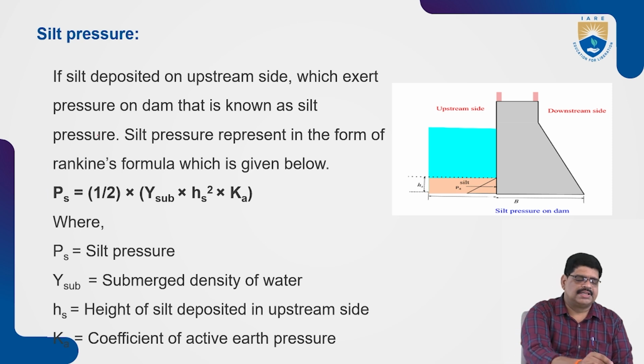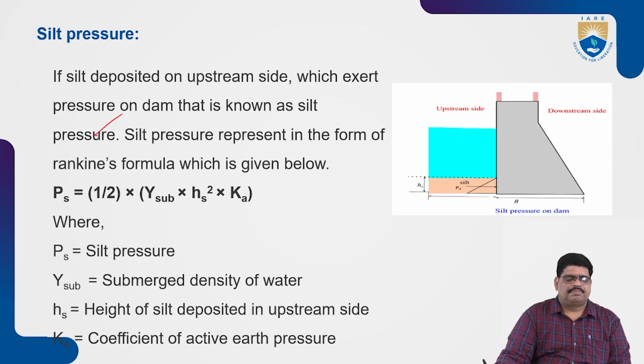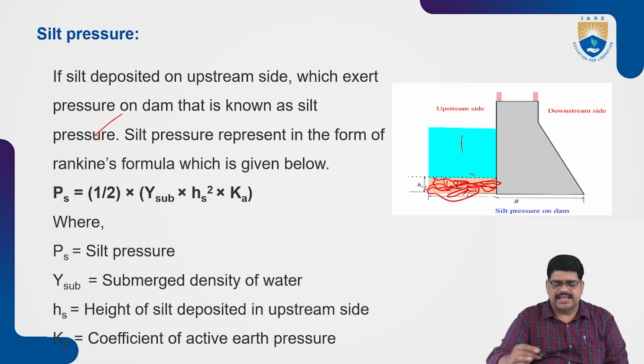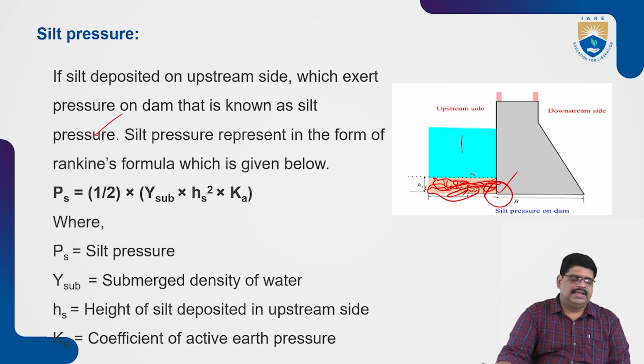The silt stagnates at the bottom of the dam, and the pressure acting on the heel area has to be considered. So PS is equal to 1 by 2 into gamma sub HS square by KA.